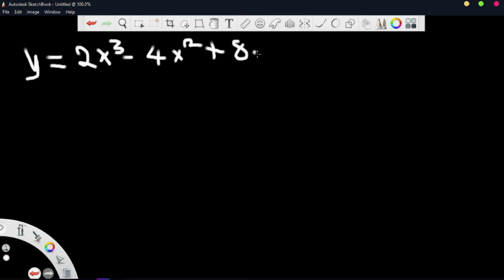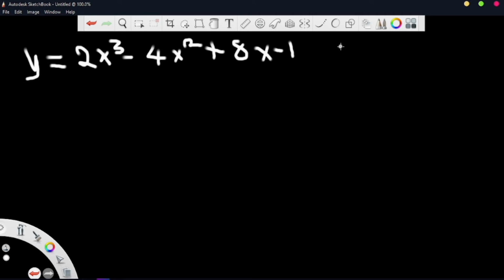So let's say we have been told to find our value of dy when y is equal to 2x to the third power minus 4x squared plus 8x minus 1.